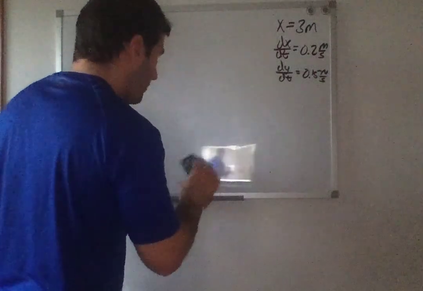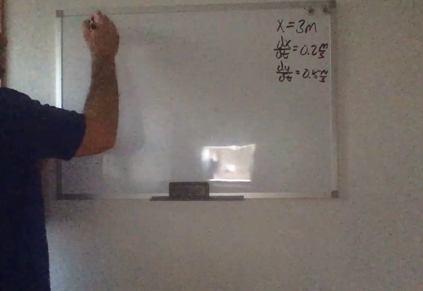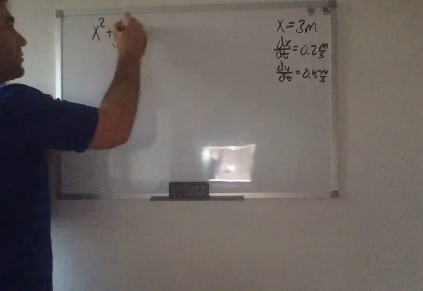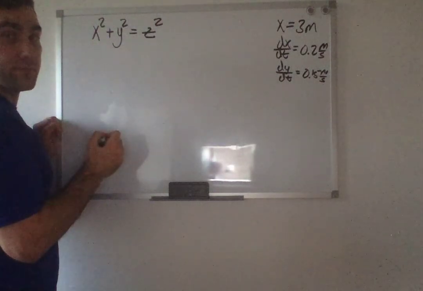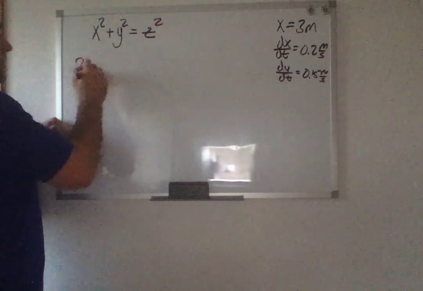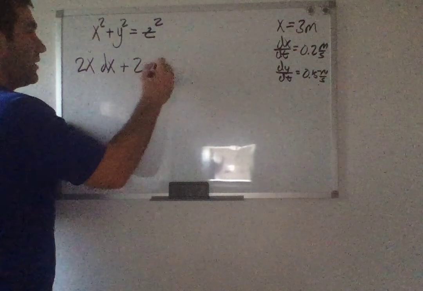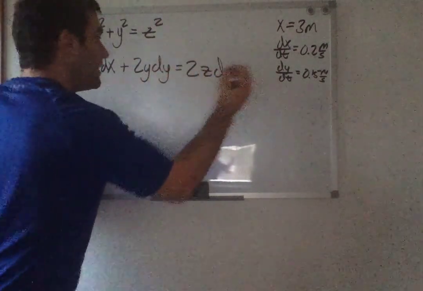The equation that relates to this problem is the Pythagorean theorem. So we've got x squared plus y squared is equal to z squared. Now let's implicit differentiate. You get 2x dx plus 2y dy is equal to 2z dz.